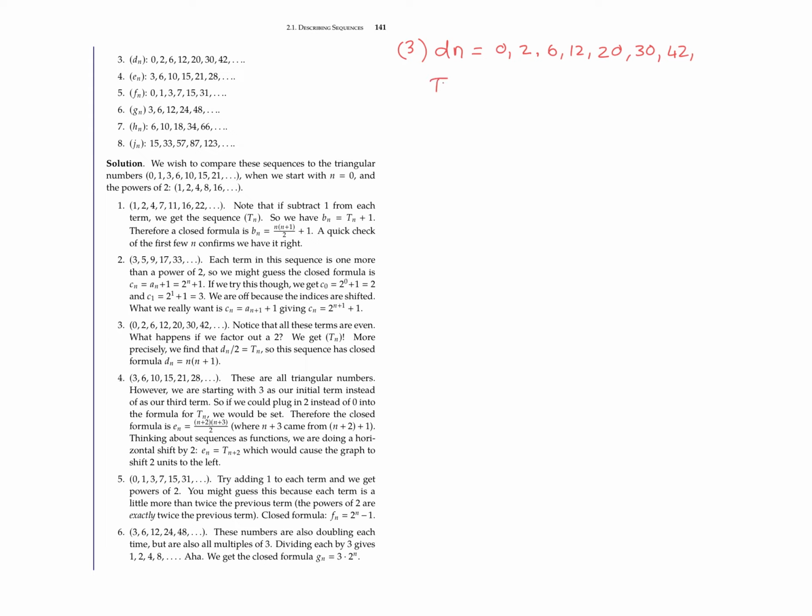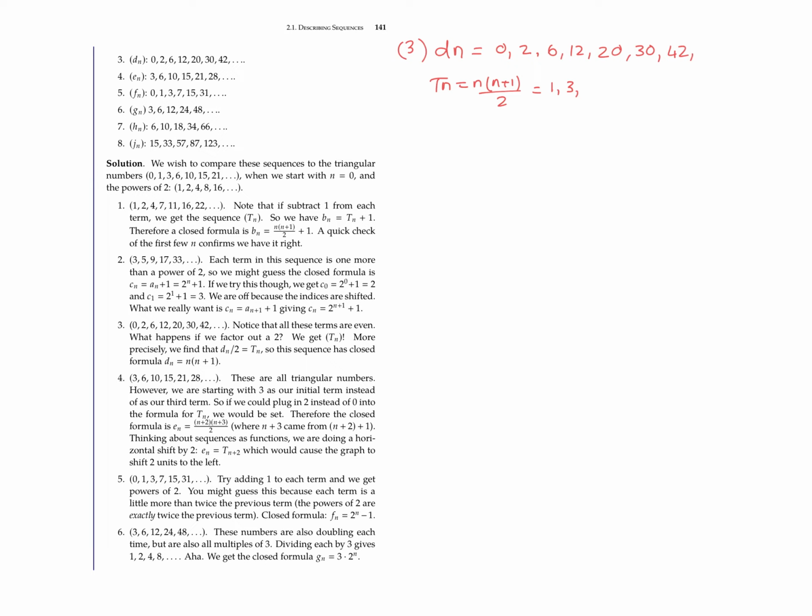Now remember, our referent sequence is n times n plus 1 over 2, and let's just write them down. Let's start at 1. Then we get, if n is 2, then it's 3.